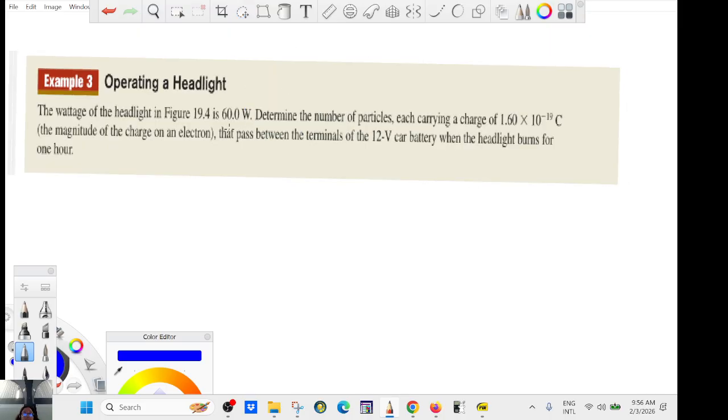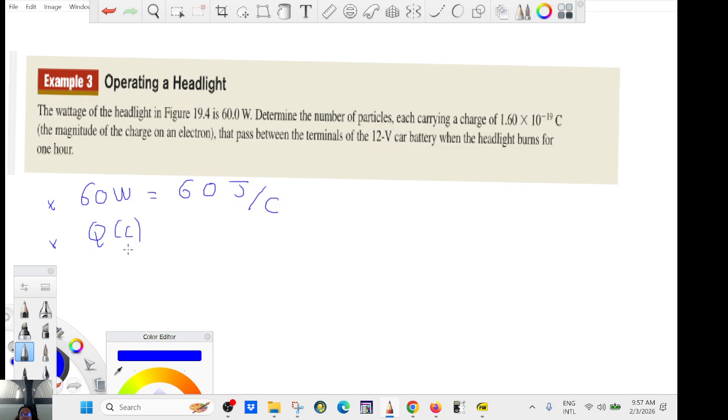So wattage. What is wattage? 60 watts means 60 joules per second, and you have a given amount of Q, in coulombs.